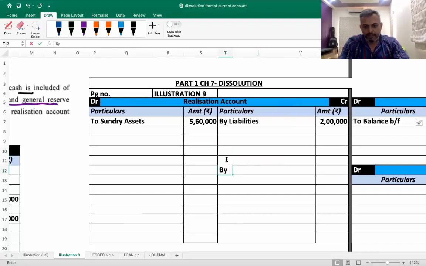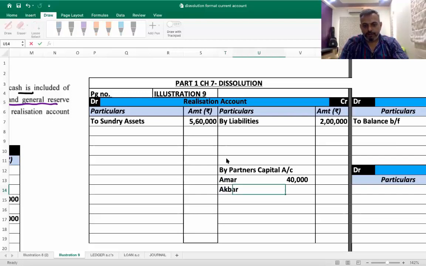So by partners capital account, Amar 80,000 का realization loss है, so we know Amar is 40,000 and Akbar is also 40,000. So outer column 80,000.